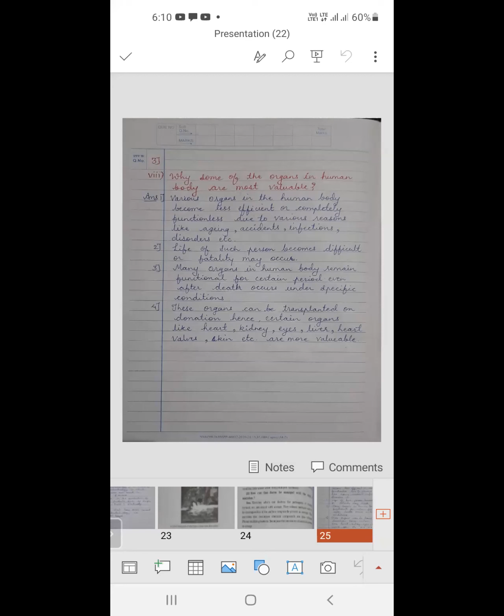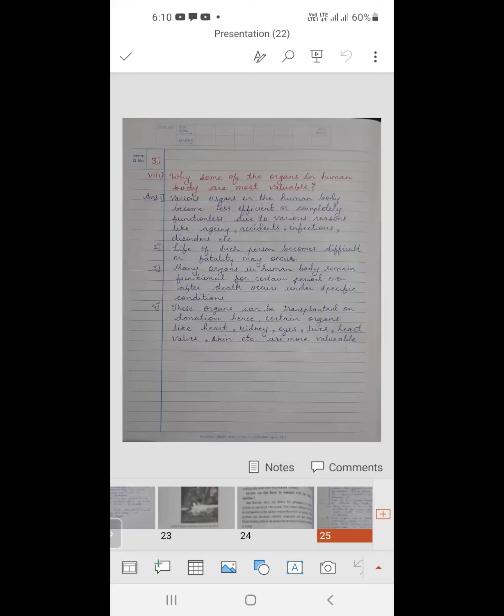Many organs in the human body remain functional for a certain period even after death occurs under specific conditions. So these organs can be transplanted on donation. Hence, certain organs like heart, kidney, eyes, liver, heart valves, skin, etc. are more valuable. This much answer is expected for 3 marks.